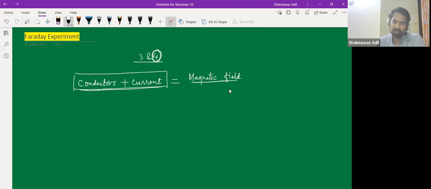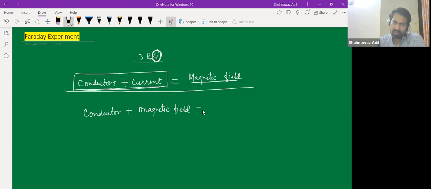So we got a magnetic field due to current carrying wires. Now in this chapter, we will learn whether there is a reverse effect or not. We know that nature is very symmetric. Whatever we give, it will give us back. If we apply current in the conductor, we get a magnetic field. But what happens when we apply the magnetic field, or when we change the magnetic field? What will we get, guys?